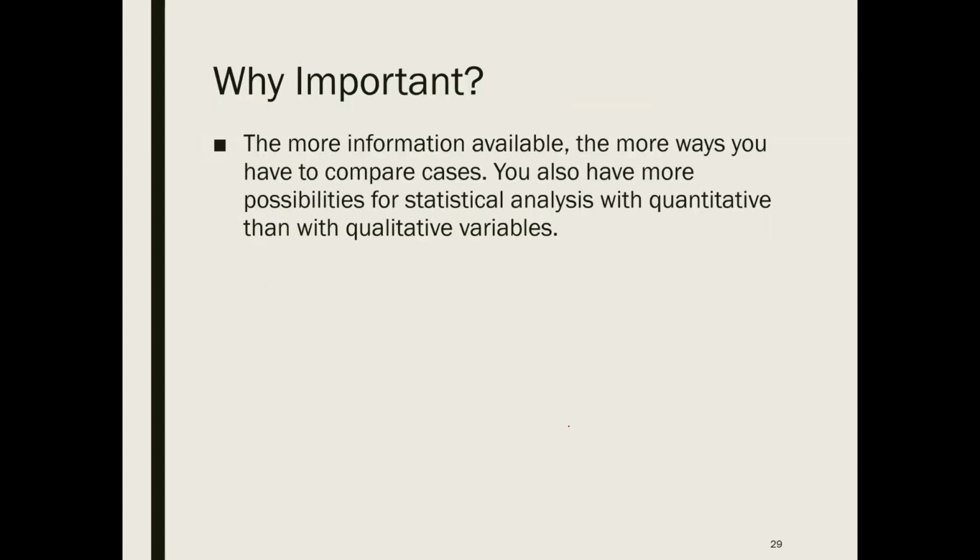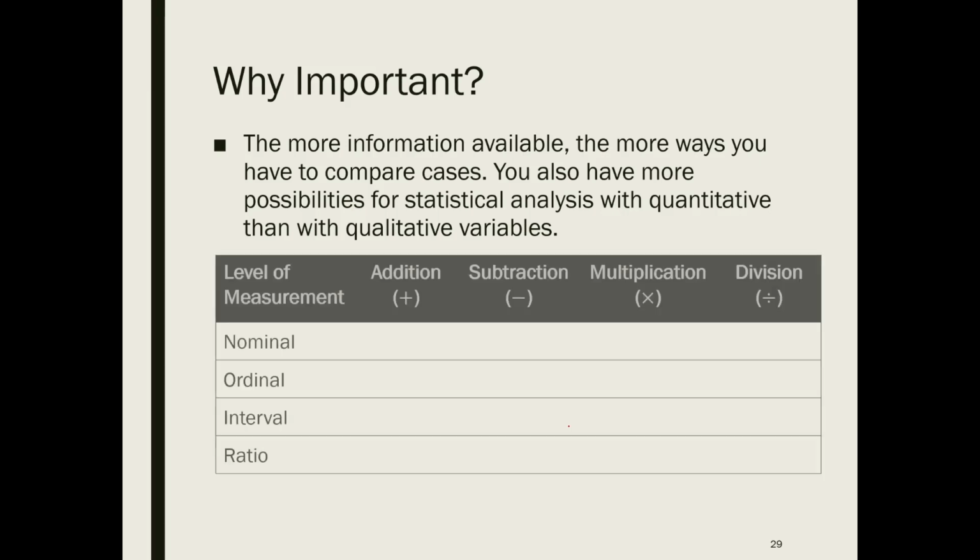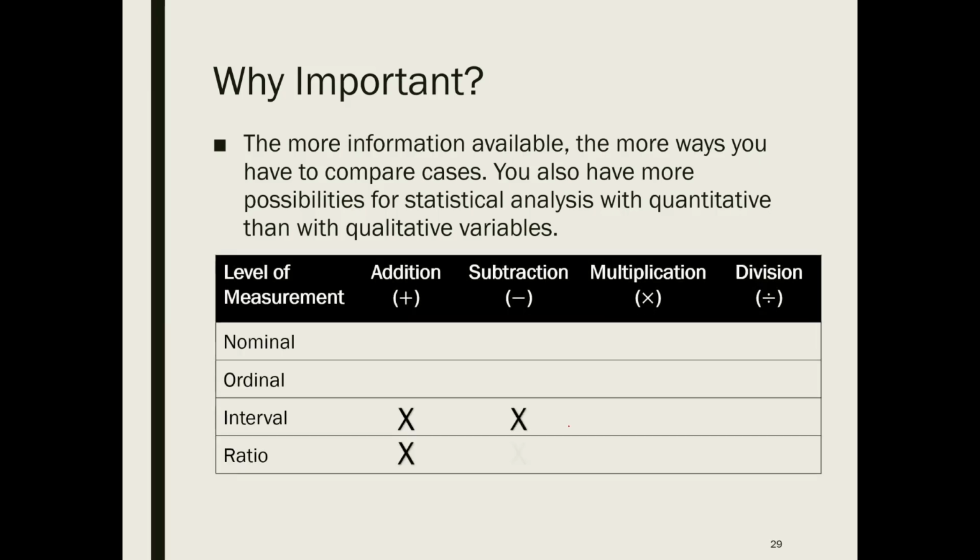So why is this important? Because the more information available, the more ways you can compare the cases. You have more ways, or more statistical analysis, that can be done with quantitative data than with qualitative data. Here, the first two are categorical data.